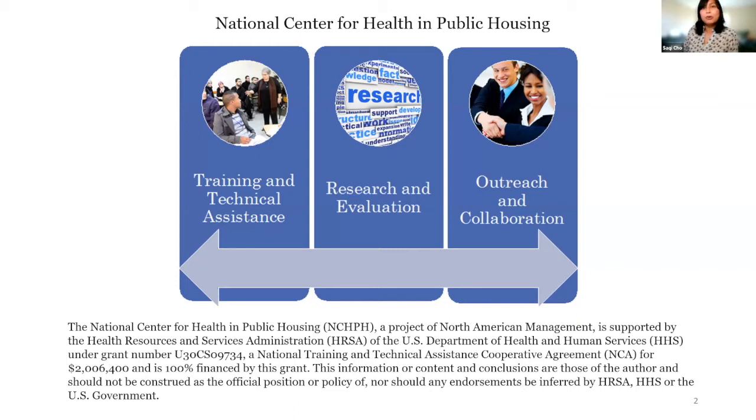With funding and support from the Health Resources and Services Administration, we're able to work directly with housing authorities and health centers and other organizations to help improve access, quality of care, address health equity, and ultimately help improve health outcomes for public housing residents. Just a note, though, the views and the comments that we are expressing today represent our own views. They don't represent the views of HRSA, HHS, or the federal government.